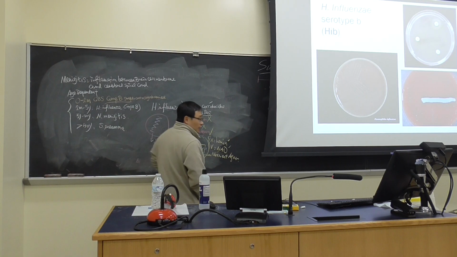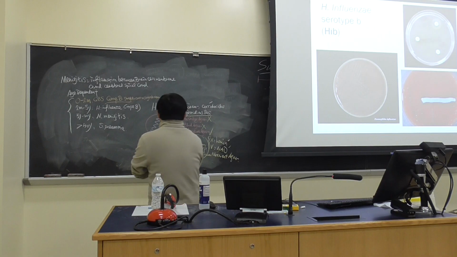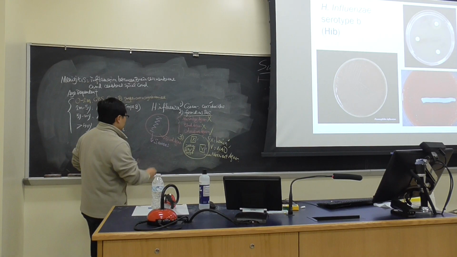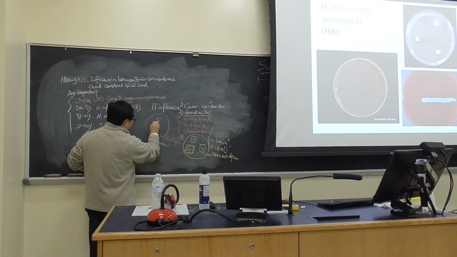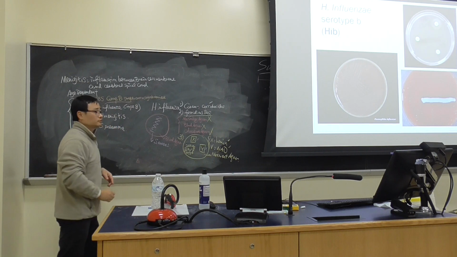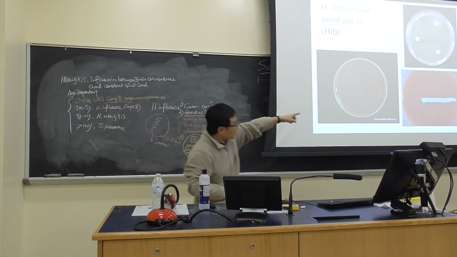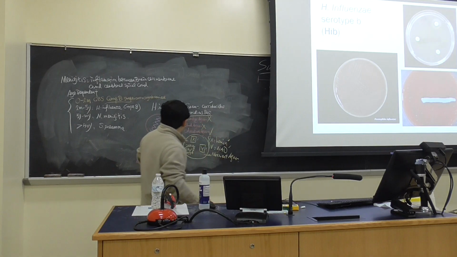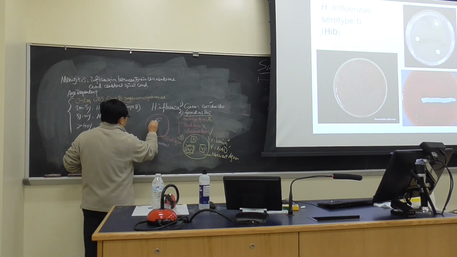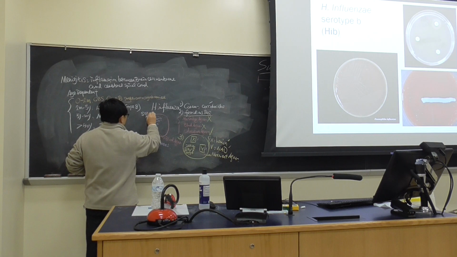And then I go ahead to streak Haemophilus influenzae. Yes, it's going to grow. It's growing like that. So you can see a very tiny colony there. This is called the satellite phenomenon.